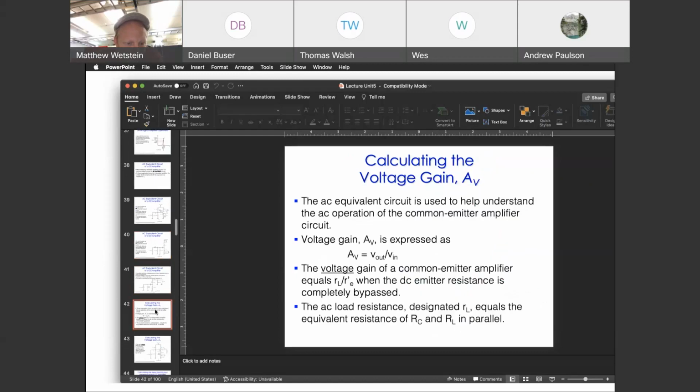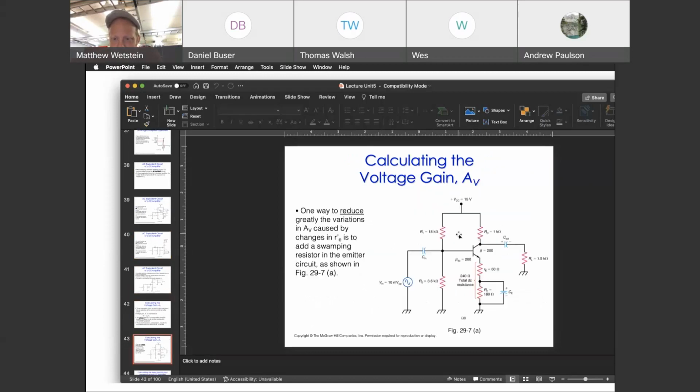And when we work everything out and we get the ratio of V out to V in, I believe I posted where I work these out, but it's definitely worked out in the textbook. You get that V out to V in is equal to the ratio of this resistance.